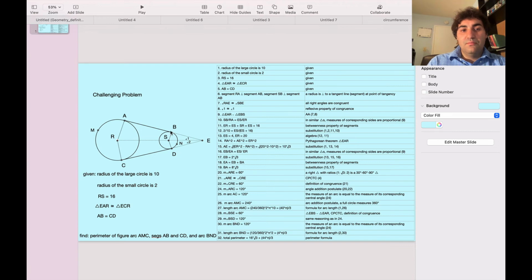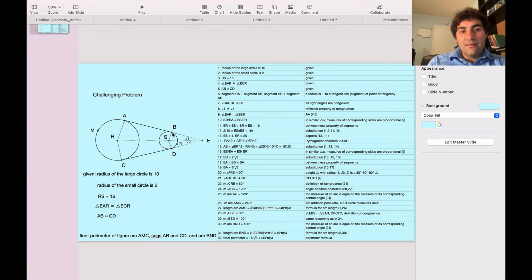So the measure of angle BSD, this whole angle, is going to be 120 degrees. It's the same reasoning as we did in part 24. So just follow the same steps of reasoning we used to show that angle ARC was 120 degrees. I don't have any space to write this out, so a lot of this is already condensed. So anyway, the measure of this angle is going to be 120 degrees.